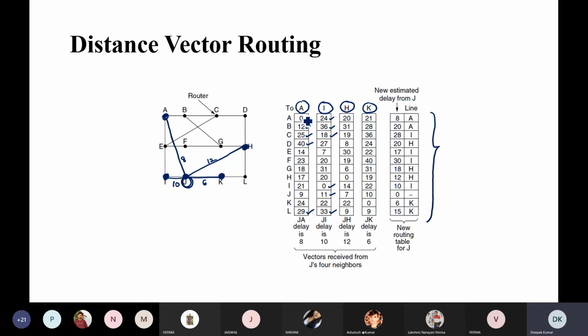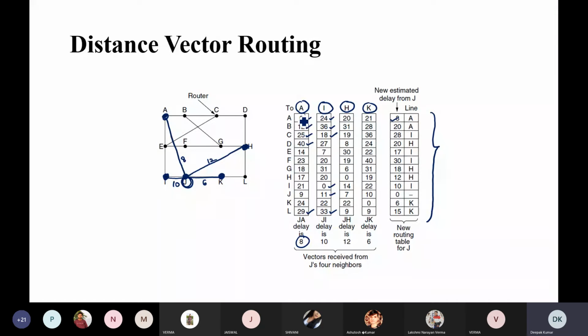See here, A to A distance is 0 and J to A distance is 8, so it will add this 8 to 0 and finally it will be 8. But other paths are available to reach A from J: you can see here 0, 24, 20, 21. Among these 4, 0 is the smallest.